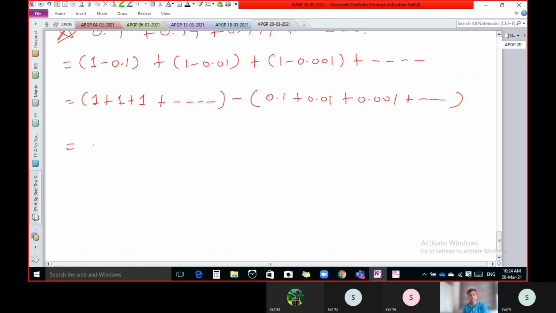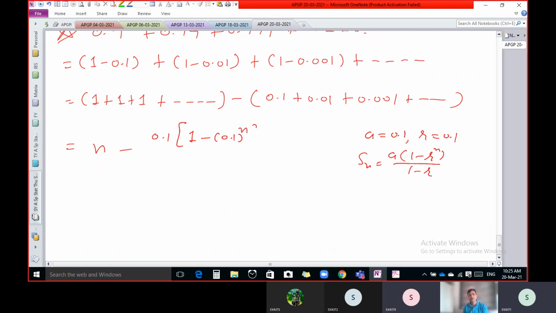n minus. Here our a is 0.1, r is also 0.1, and because r is less than 1, use the formula Sn equals a into 1 minus r raised to n upon 1 minus r. So tell me what we have to write here. What is a? 0.1 in bracket 1 minus 0.1 raised to n upon 1 minus 0.1. Correct.